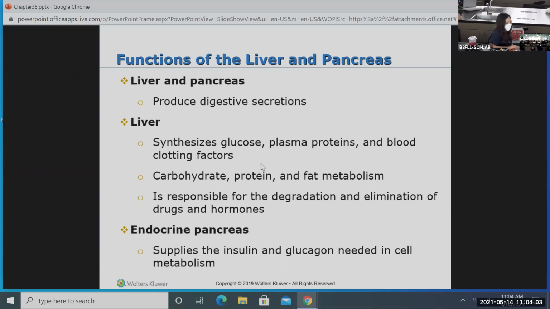These are normal functions of the liver. It synthesizes glucose, plasma proteins, and blood clotting factors. Look at the functions of the liver. They're not only metabolizing glucose, carbohydrate, protein, they're also synthesizing plasma protein and clotting factors.